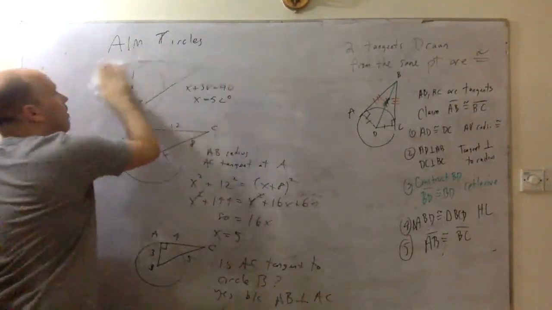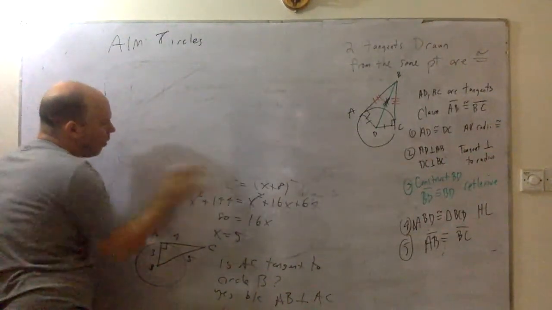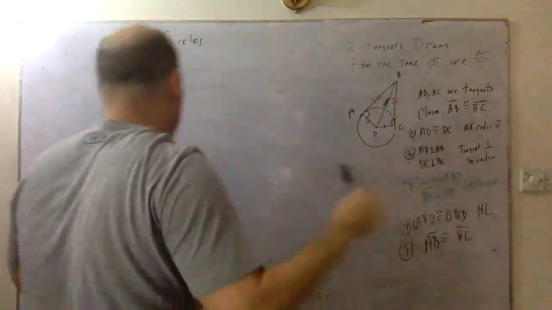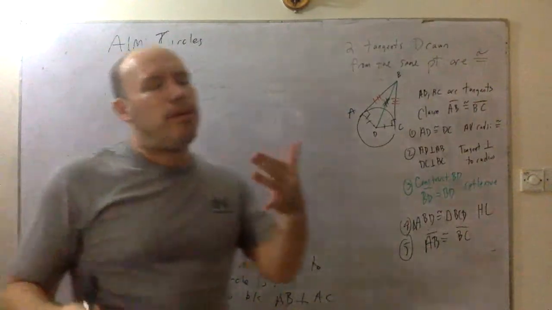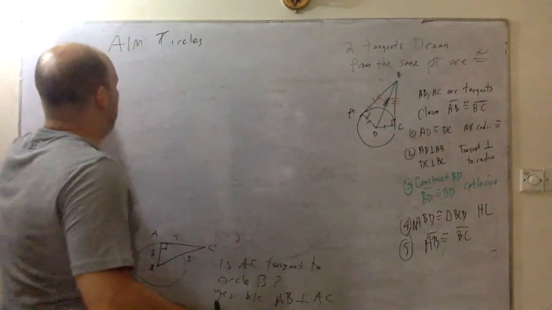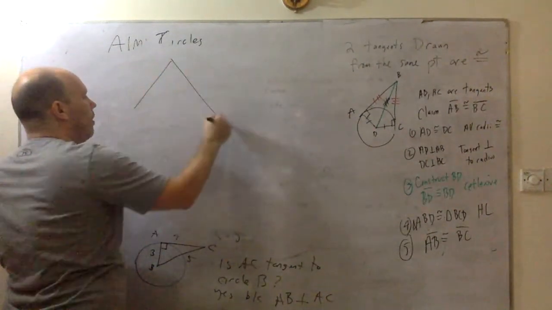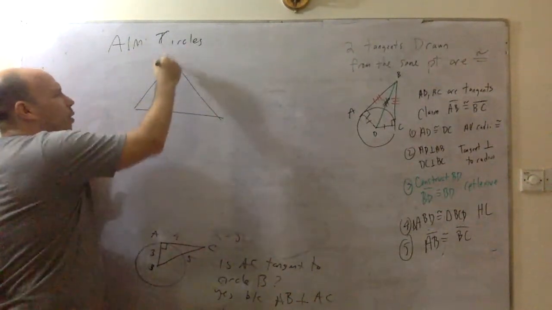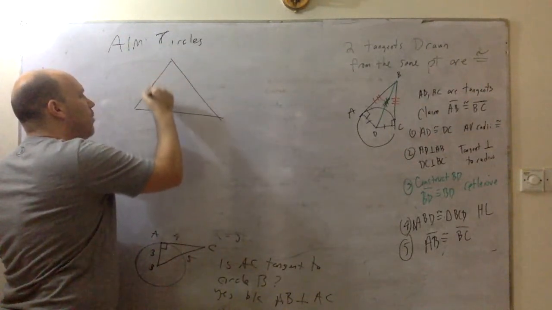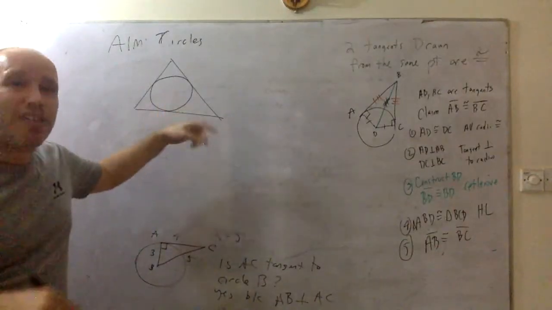Now, another cool little thing is if you inscribe a circle inside of a triangle. So if you take a triangle, now we saw this in the special triangles. You take a triangle, and then you draw all the perpendicular bisectors, and then with that center, you're actually able to inscribe a circle inside of a triangle.